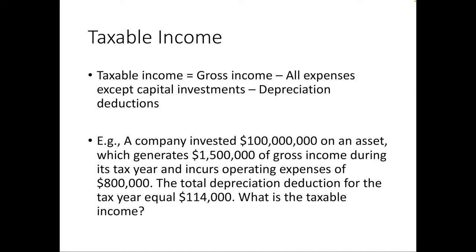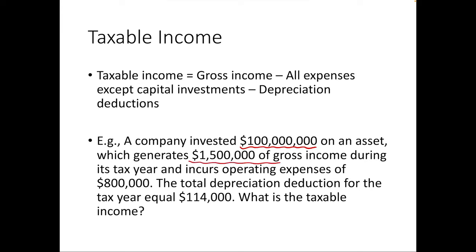And let's look at this example. A company invested 100 million on an asset. Because this is the initial investment, it is capital investment, which generates 1,500,000 of gross income during its tax year.